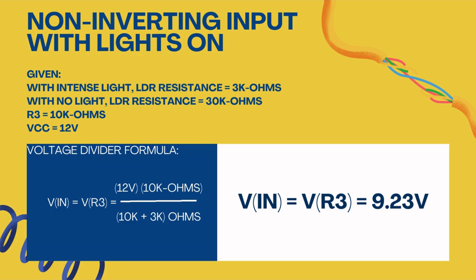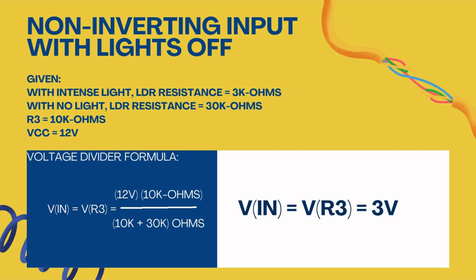Then, using the same given values, when the lights are off, the non-inverting input is equal to the voltage across R3, which is equal to, once again, 12 volts multiplied by 10 kilo ohms, but this time it is divided by 10 kilo ohms plus the resistance of the light-dependent resistor when the lights are off, which is 30 kilo ohms.